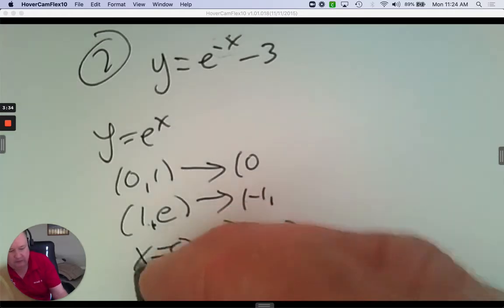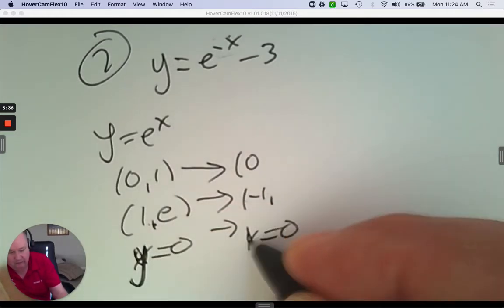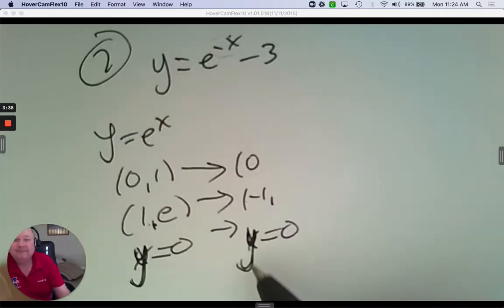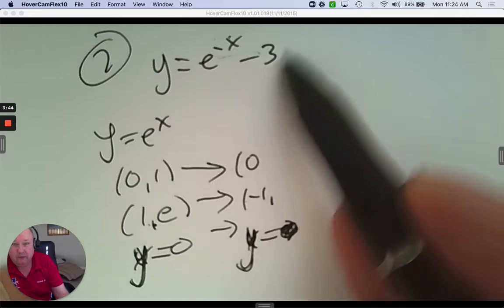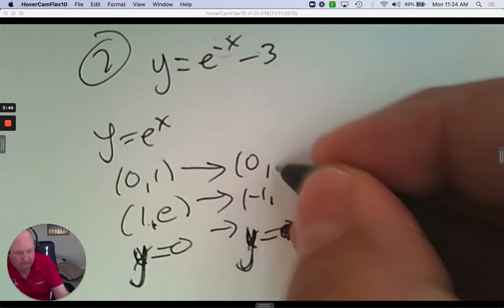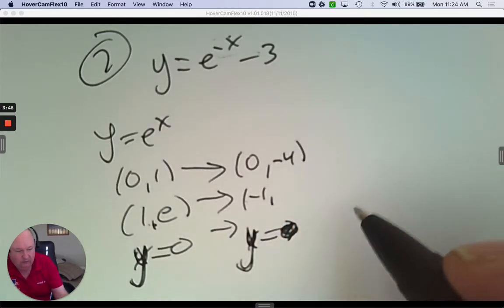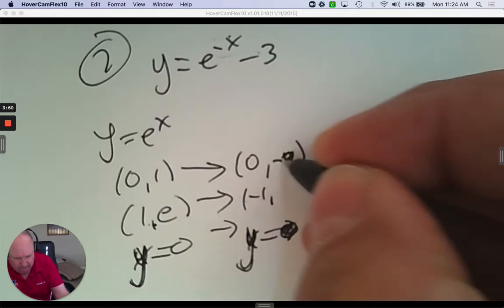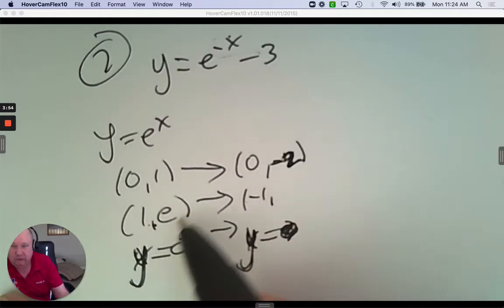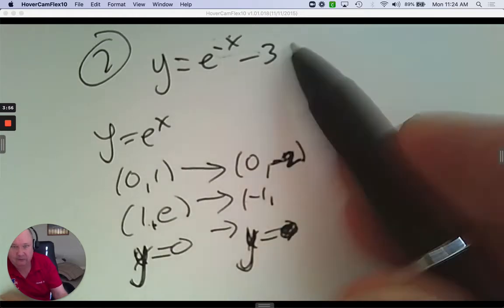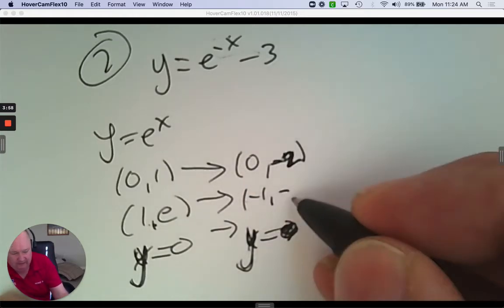Oh, what did I do wrong here? This should say y equals 0. Thank you. And this one's going to change. So we're going to subtract 3 from the y values. When you subtract 3, this becomes negative 2. When you subtract 3, think of 2.7 minus 3, so about negative 0.3.